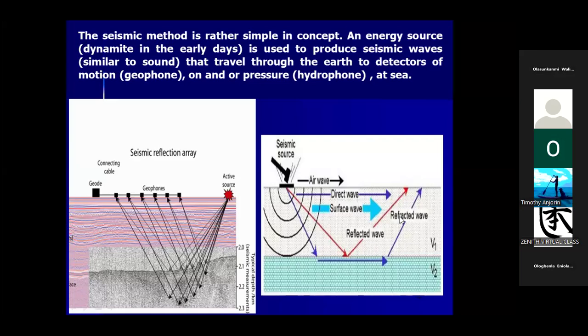Contrast, variation in the density, variation in the propagating velocity of this acoustic energy in the subsurface. When it is being transmitted in medium 1 and medium 2, what are these contrasts in these values? I told you that as you travel deeper, the density increases. Likewise, as you change from one medium to another, the rate of propagation also changes depending on this variation in the physical properties of the materials at the surface.